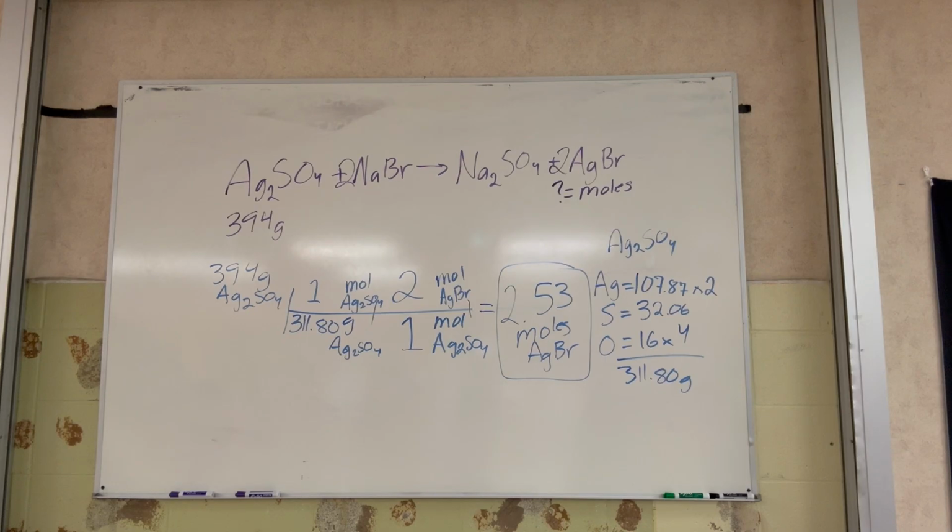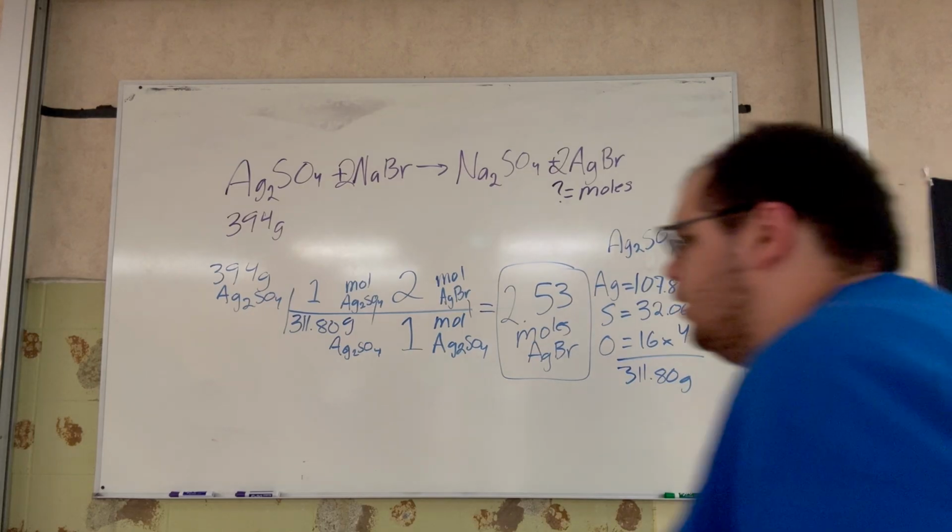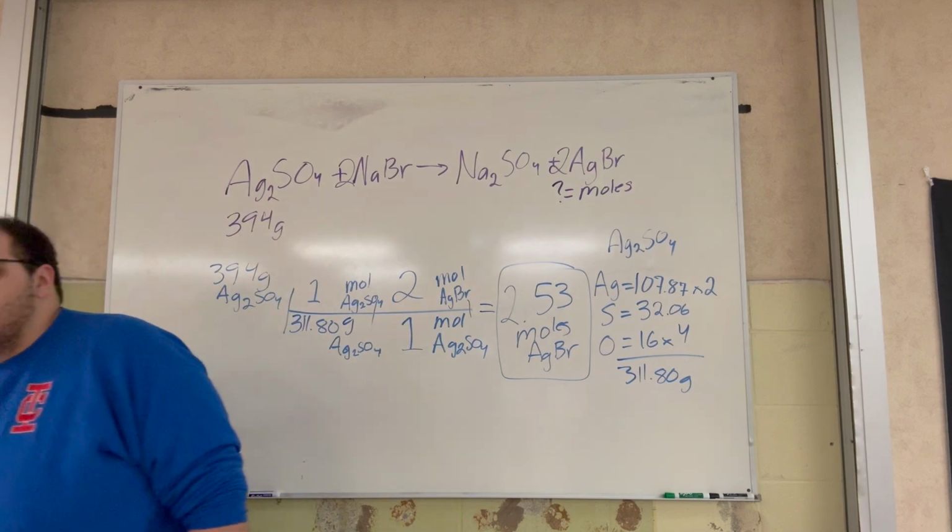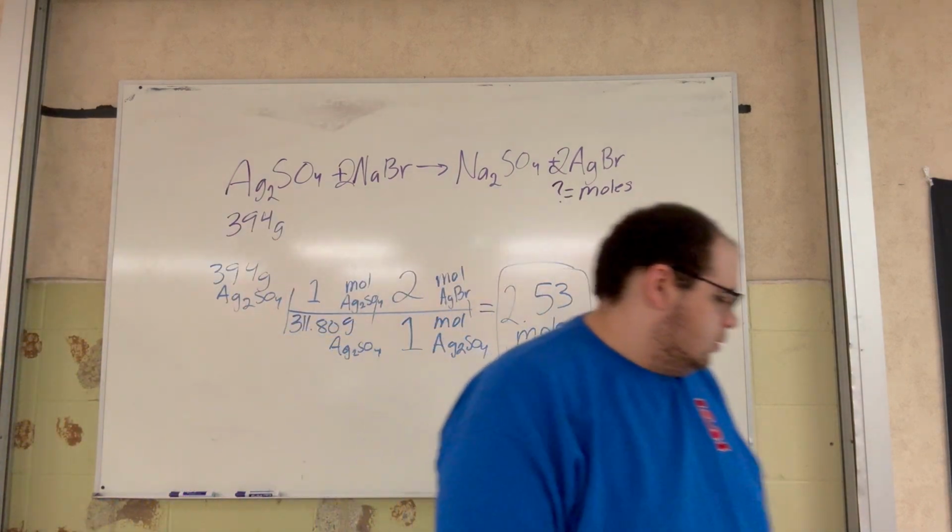Yeah, 394 times 2 is 788, not 798. Exactly.